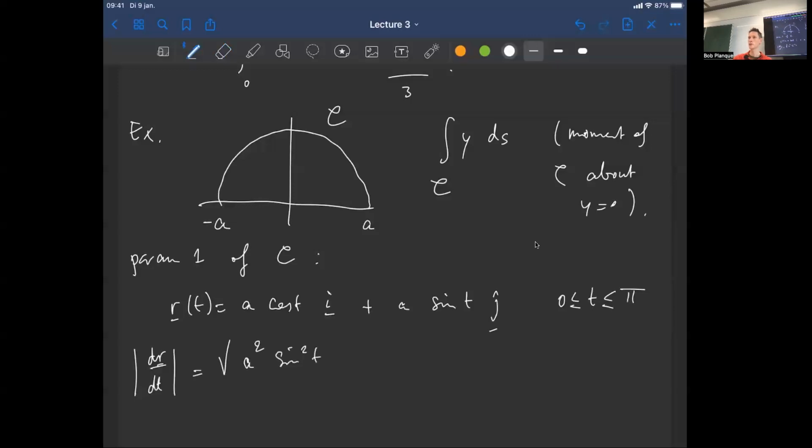And the derivative of a sine t with respect to t is a cosine t. So if I square that, I get a squared cosine squared t. And I, of course, use that sine squared plus cosine squared is 1. And so I just get the square root of a squared, which is a.